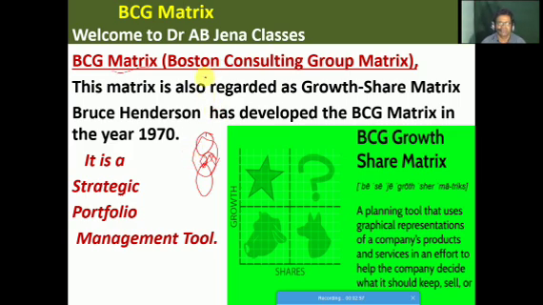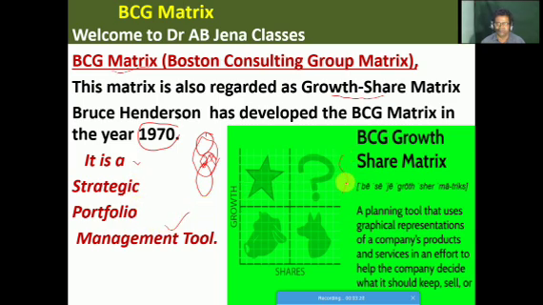BCG stands for Boston Consulting Group Matrix. This matrix is also regarded as the growth share matrix. Bruce Henderson developed the BCG matrix in 1970. The BCG matrix is a strategic portfolio management tool.